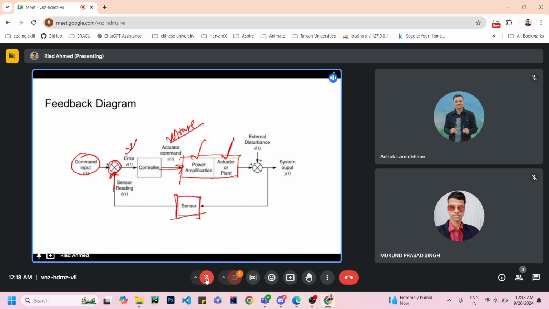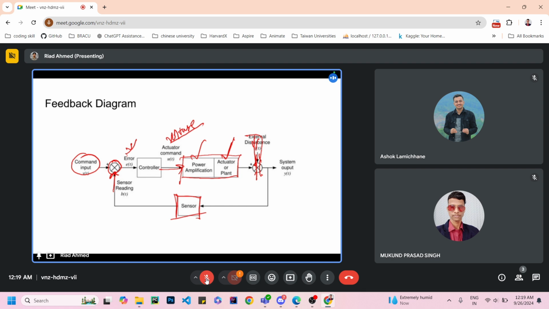That is the purpose of using the power amplification part. Power amplification is valid when you are using a motor that has a larger voltage range than the controller has. That is the main purpose of power amplification, and you can omit the disturbance part from here.